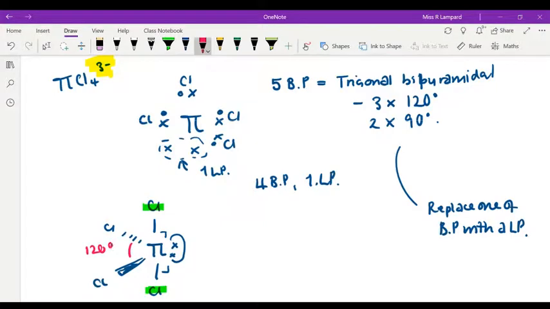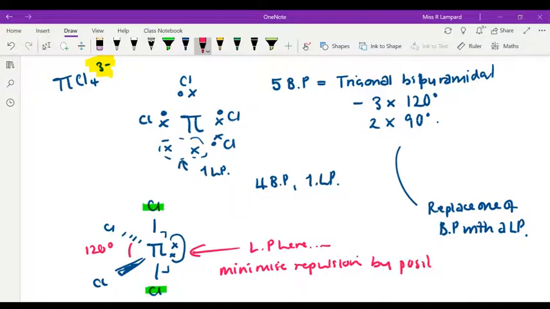So by positioning the lone pair here, it helps to minimize the repulsion, by positioning itself furthest away from another atom or from another bonding pair. So I hope that helps. Let me know if there's anything else I can do.